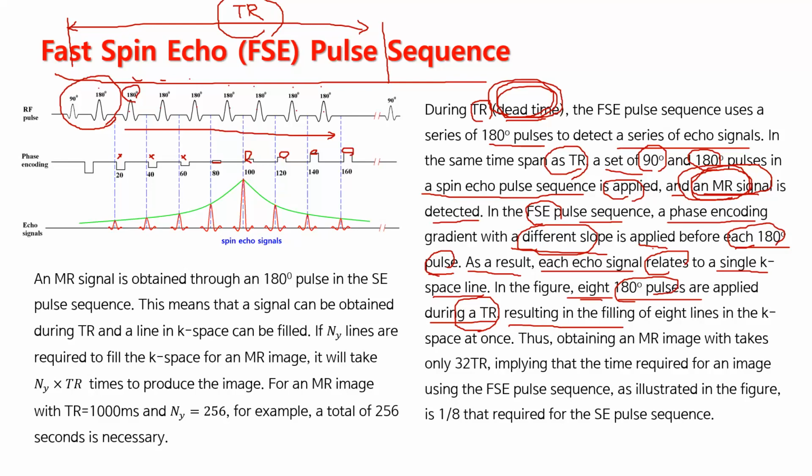So this results in filling of 8 lines in the K space at once. So for each 180 degree pulse, we can have an MRI signal. Okay, so we can get 8 MRI signals at once. That means during TR, we can get 8 MRI signals. So this corresponds to filling the 8 lines in the K space.